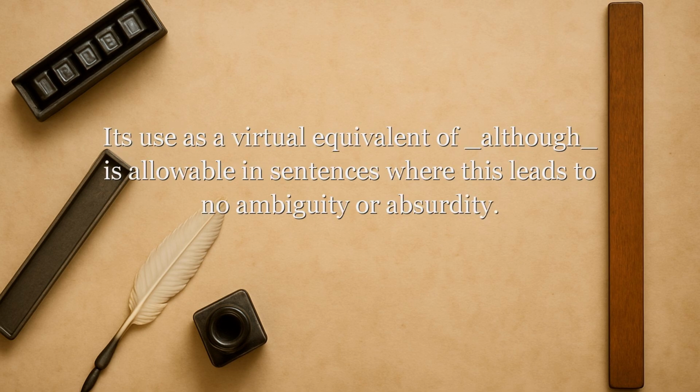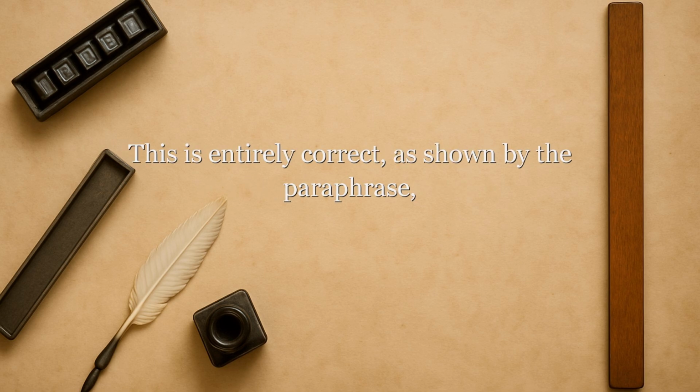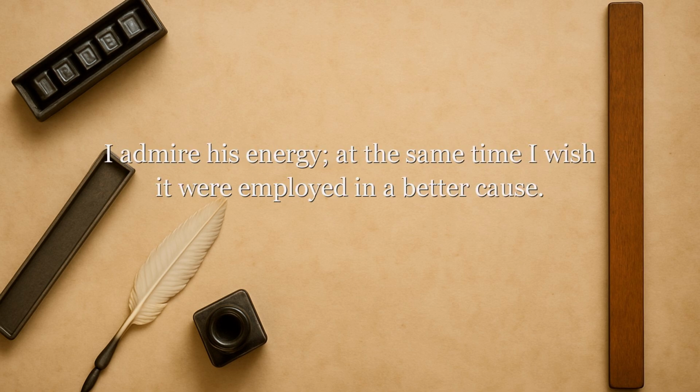Its use as a virtual equivalent of although is allowable in sentences where this leads to no ambiguity or absurdity. While I admire his energy, I wish it were employed in a better cause. This is entirely correct, as shown by the paraphrase: I admire his energy. At the same time, I wish it were employed in a better cause.